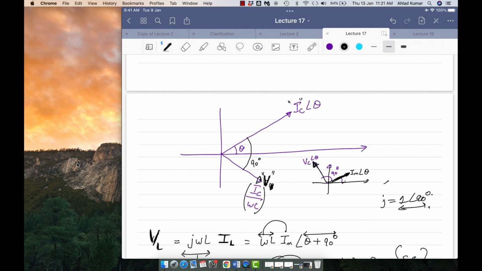Because you are multiplying omega L with the magnitude of Im, this vector will have a bigger magnitude, and it's making 90 degrees, so it is ahead of this vector. That's why in inductors we say that the voltage across the inductor is 90 degrees ahead of, or leading, the current vector, which is the current flowing in the inductor. Okay.